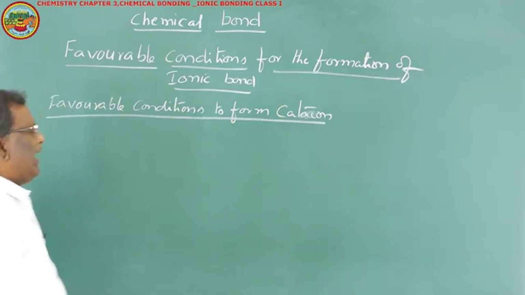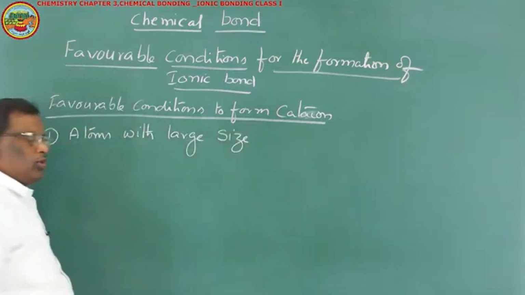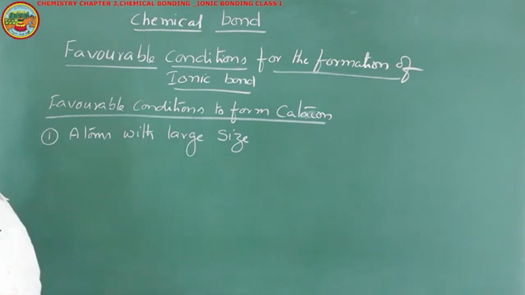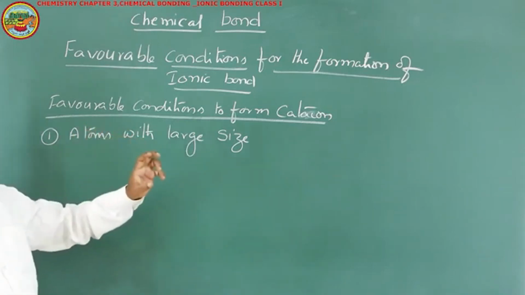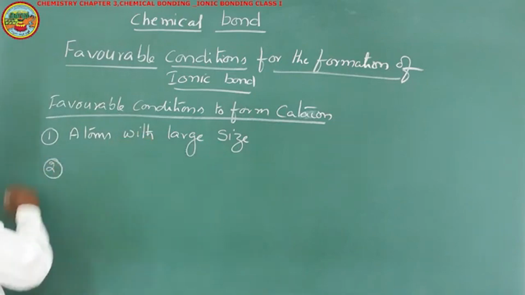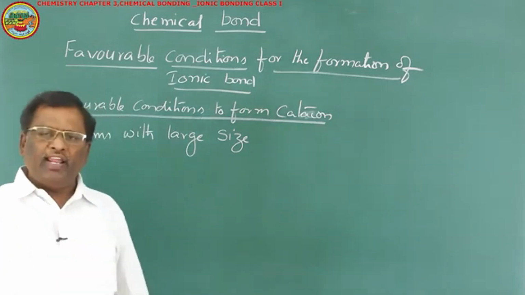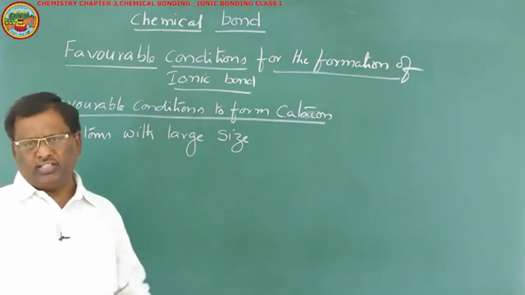That means atoms with large size can easily lose an electron. So to form a positive ion, an atom with large size is favorable to form a cation. That is the first one. Second, the amount of energy required to remove an electron from an atom is said to be ionization potential.